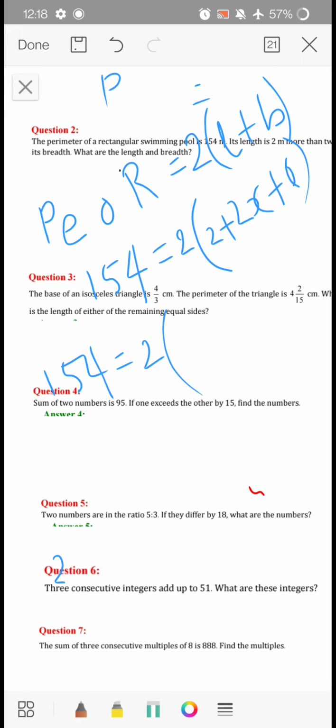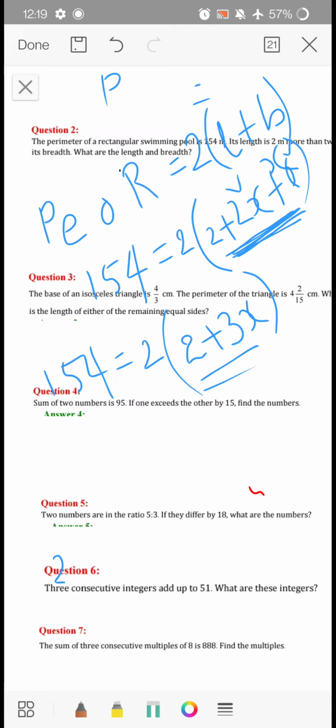These all are in addition, but you can only add the 2x and x, as these are like terms. You cannot add them with 2, so this 2 will remain as it is. 2x plus 1x is 3x. You cannot take this as 2 plus 3, 5, because it is 3x, and the 2 is not with x. These are not like terms.